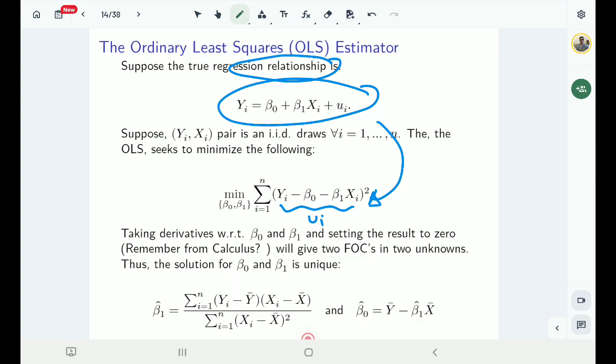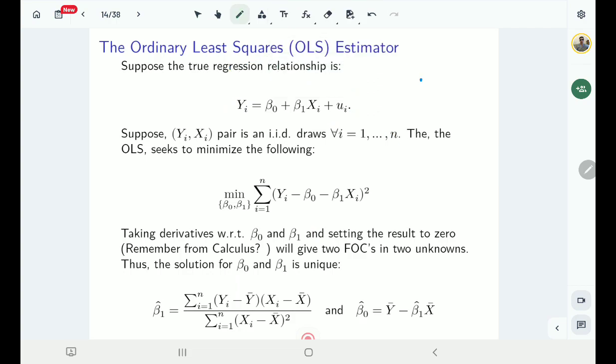Anyway, we know from calculus how to optimize and minimize a function. We take the derivative with respect to beta 0 and beta 1, and we set both of them equal to 0. Both of these first order conditions are set to 0. That is the way to optimize a function. And what we get is two first order conditions, two linear functions in two unknowns.